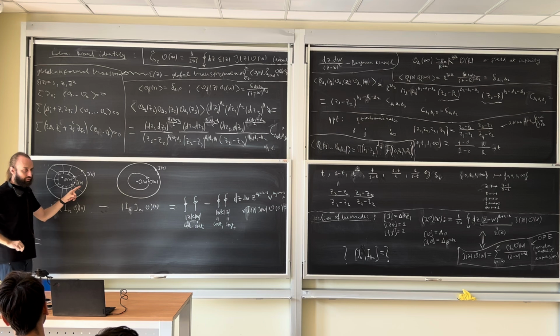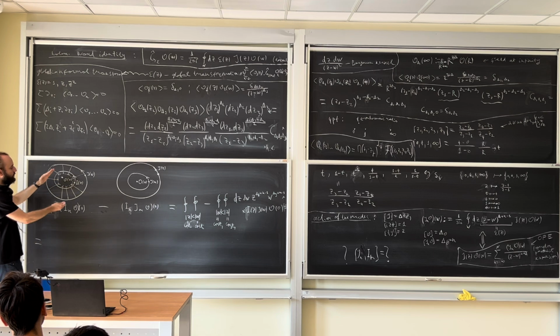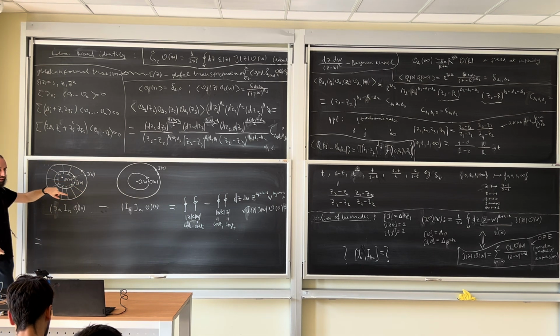It can be done at a fixed value of z, in the sense that this internal current stays at some point, and for each such point, we need to pull the outer contour inside.